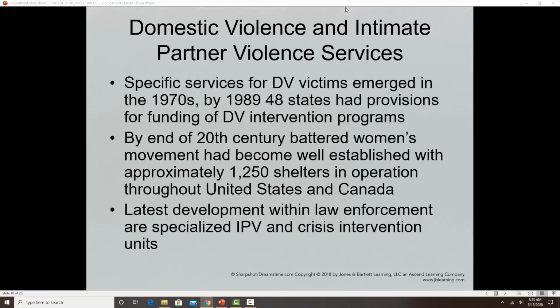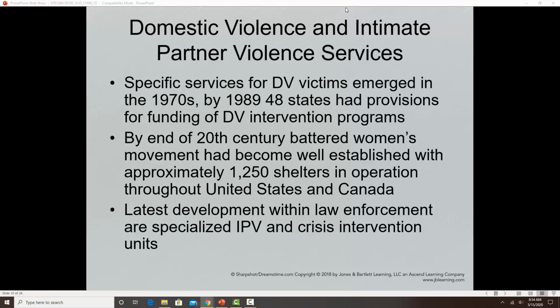We've also had a host of domestic violence and intimate partner violence services that have been created for victims of any type of domestic violence. And domestic violence and intimate partner violence are both pretty much the same thing.